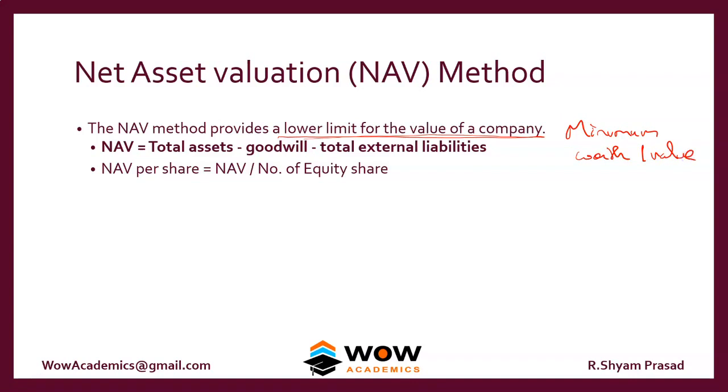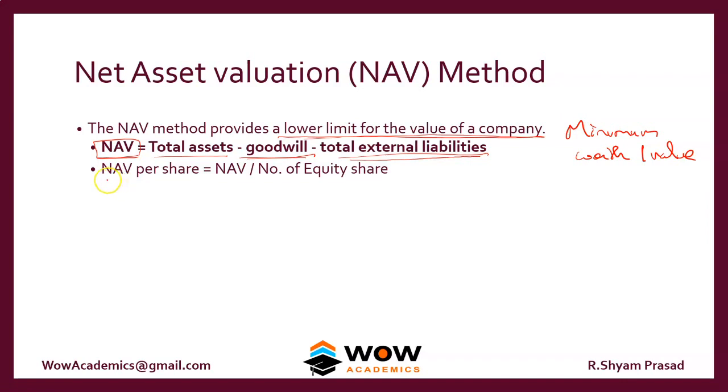So the formula works like this: NAV equals total assets minus the goodwill and minus total external liabilities. So you take all the assets of your company, reduce goodwill. Why do we reduce goodwill? Goodwill is a fictitious asset, so it is not an asset at all, and minus all the liabilities in your company. The result is the net asset value.